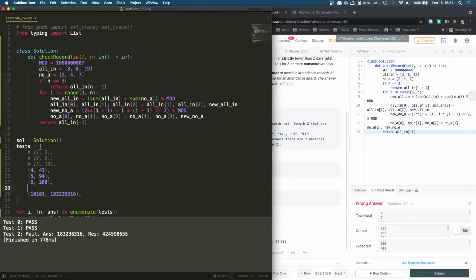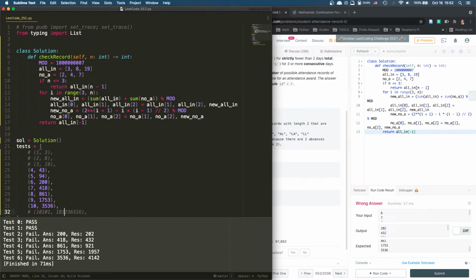We're adding more. 7 is 418. 8 is 861. 9 is 1753. And 10 is 3536. We're off by a little bit, but then eventually it will grow.